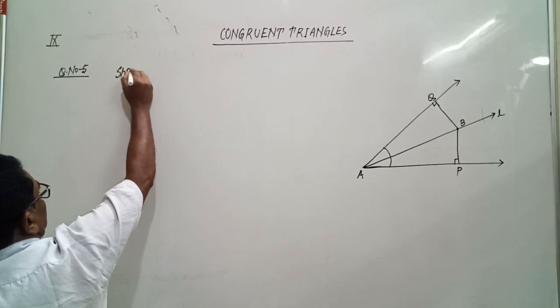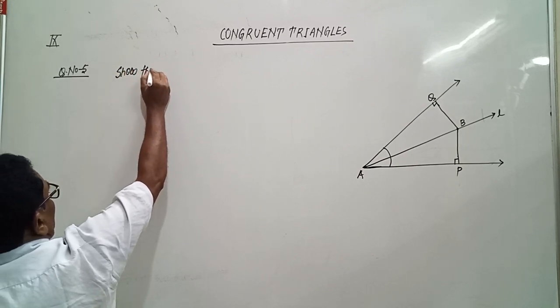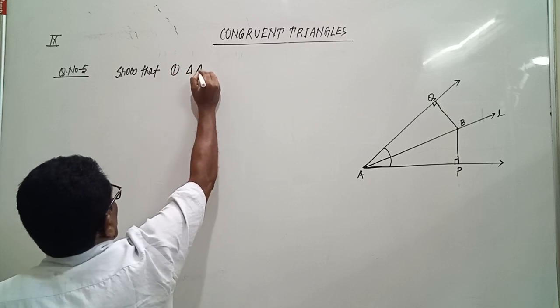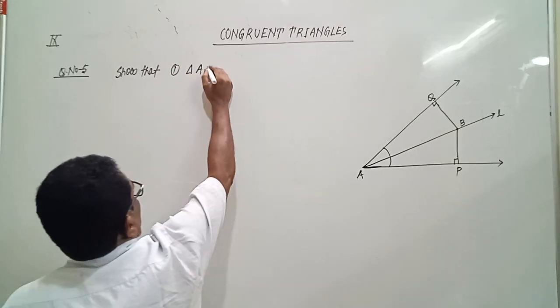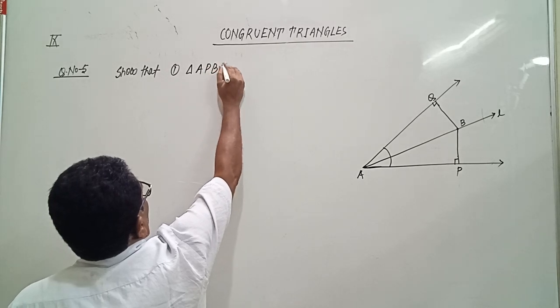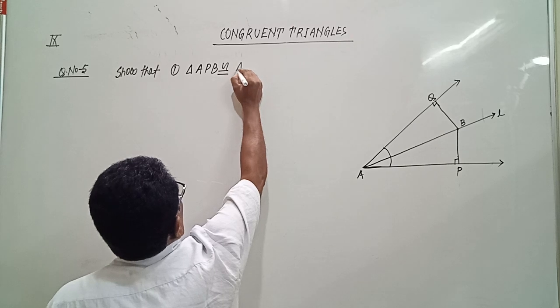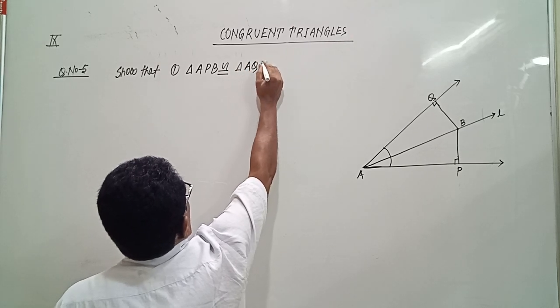Show that, first part, triangle APB is congruent to triangle AQB.